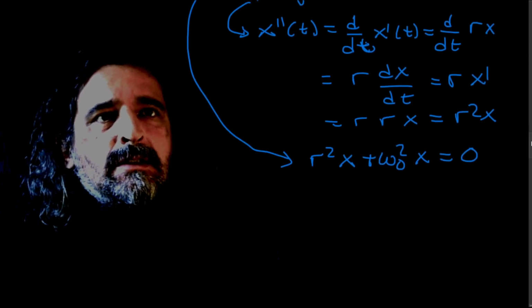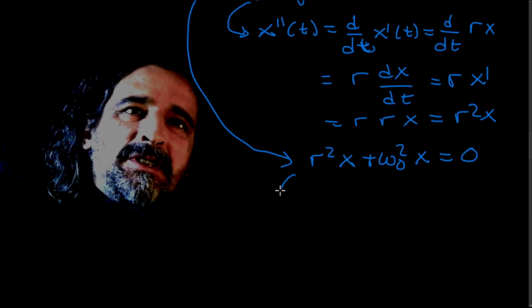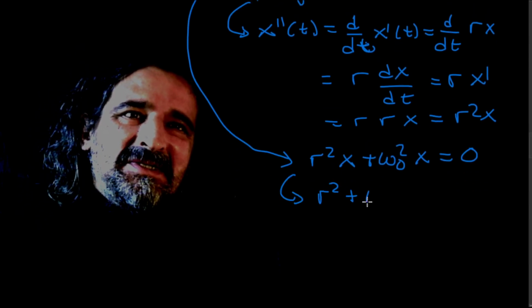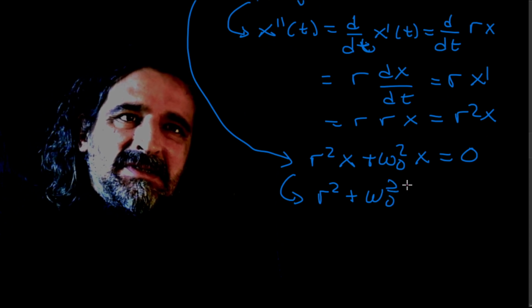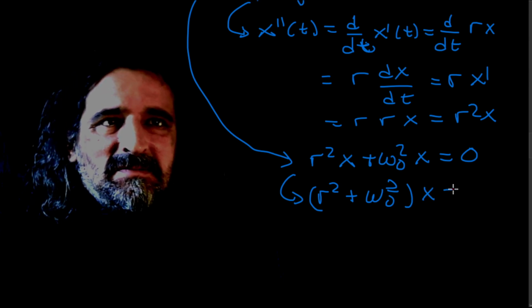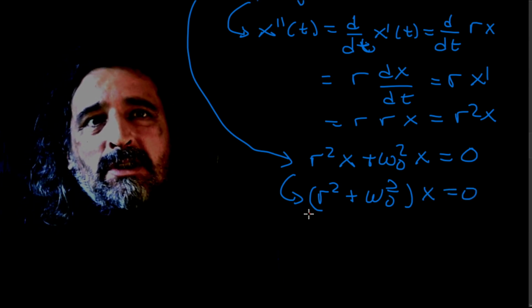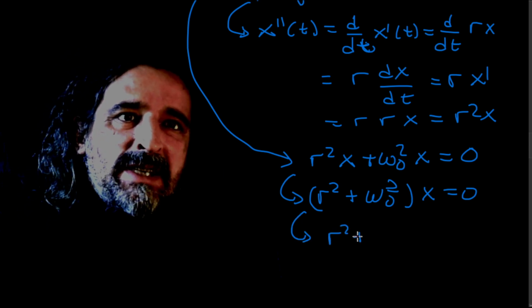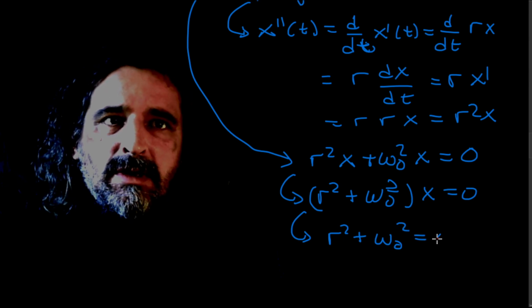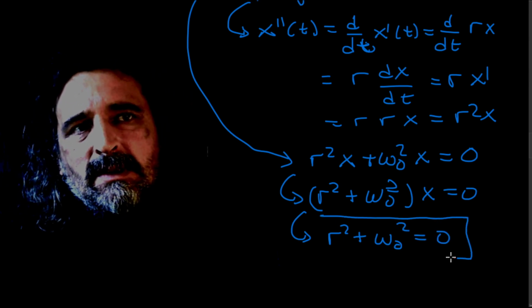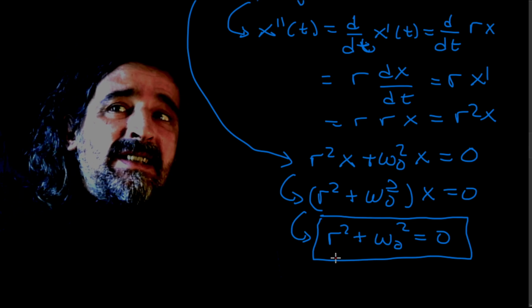You can see that I can pull a factor x out. And because x is different from 0, the only possibility is that r squared plus omega naught squared is equal to 0. This is called the characteristic polynomial equation.